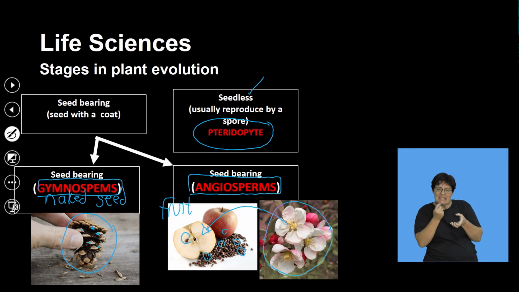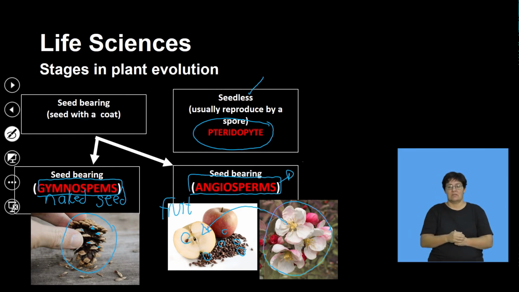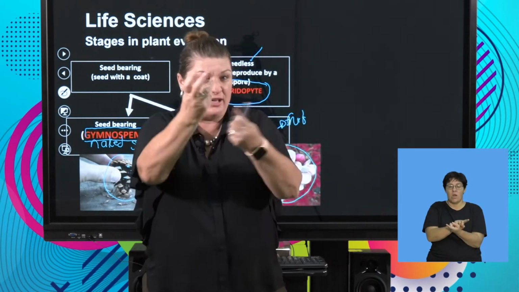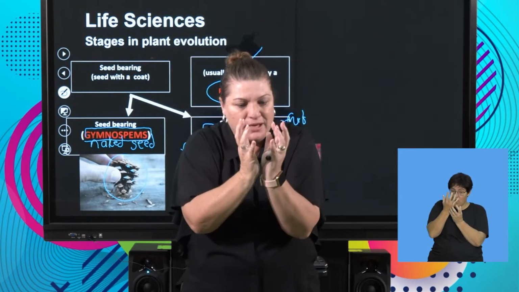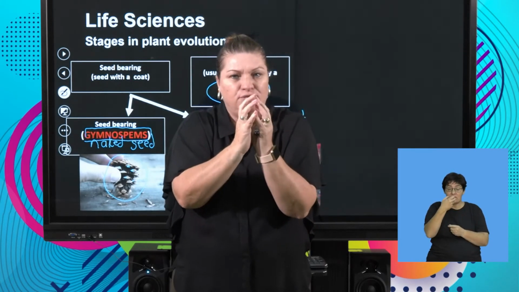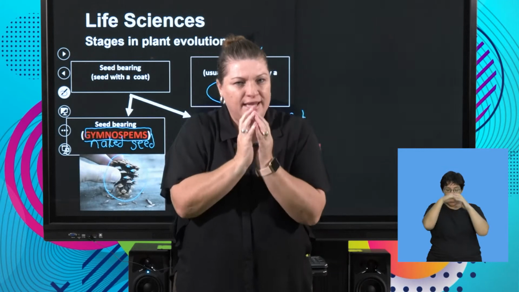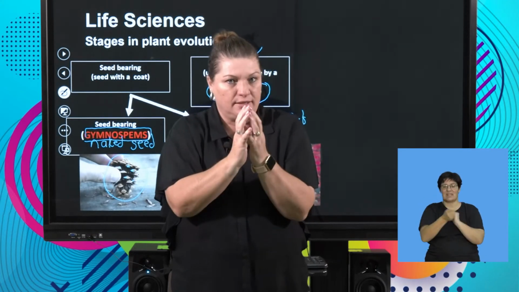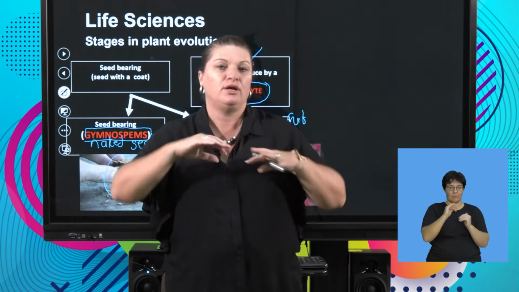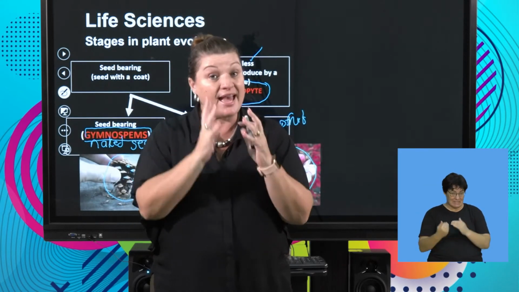Some of the angiosperms are able to produce fruit. So their flower is going to become the fruit. They're going to attract the pollinators. It becomes a fruit inside there. And what's inside the fruit? The seeds, protected inside, rather than the naked seeds out on the cone that might not be as safe.